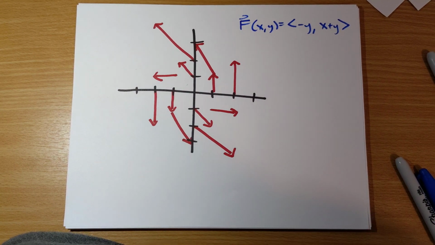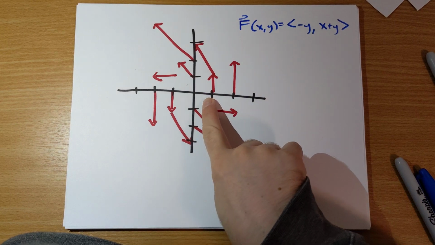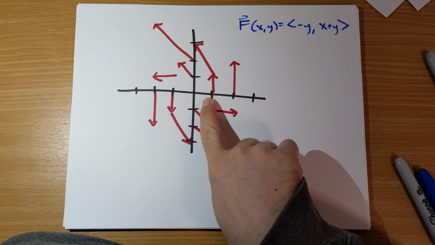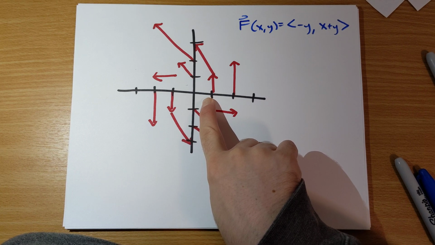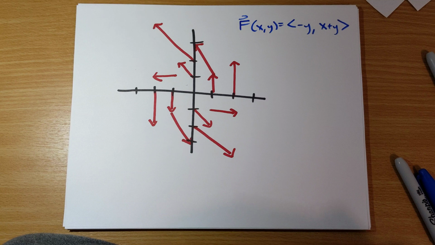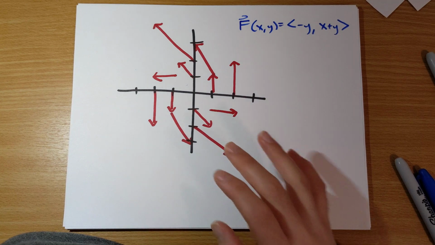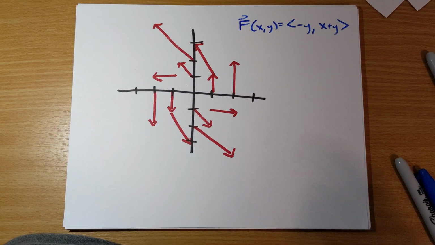Really we should be thinking of this vector field as associating a vector to every single point, including something like x is 0.56723 and y is -0.4327 here. We just can't show every single vector on here because then the whole thing would be a mess. So having this picture in mind, being able to go from this to this is important.